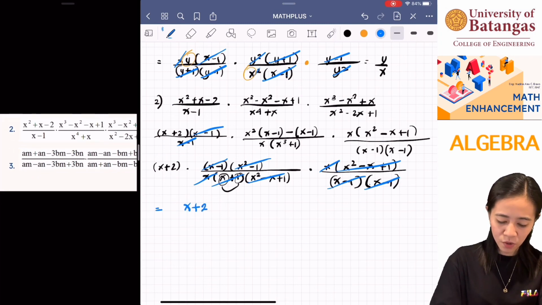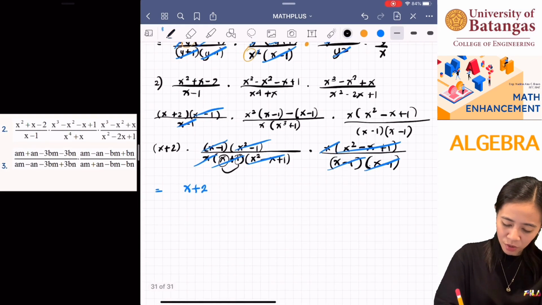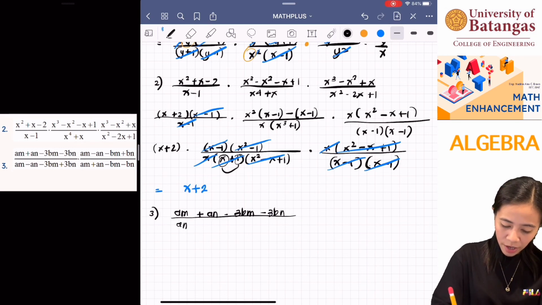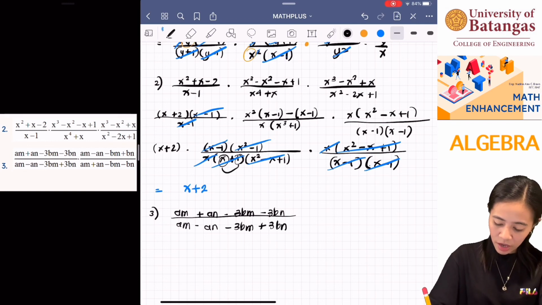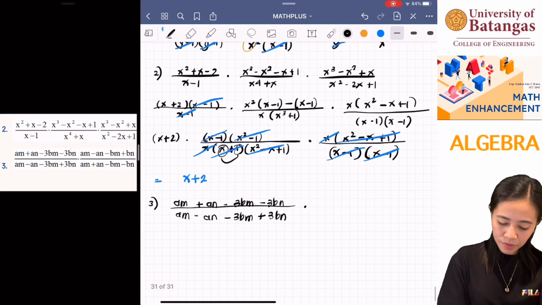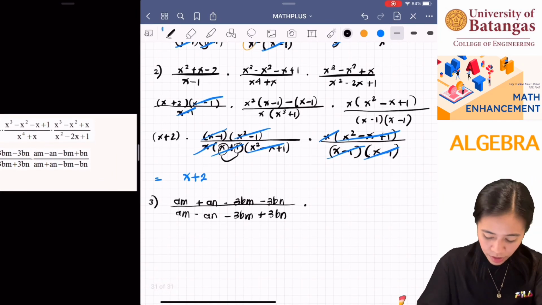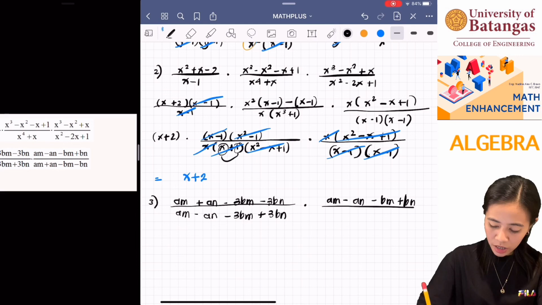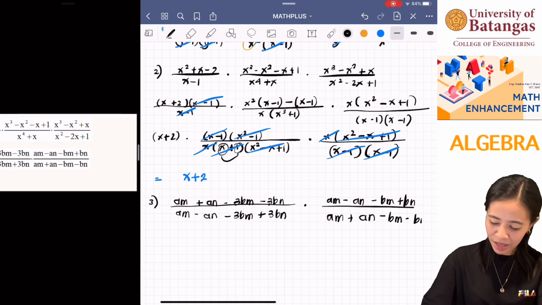Number 3. Wow. Okay. Obviously, factoring by grouping na agad itong itsurang to, no? You have am plus an minus 3bm minus 3bn all over am minus an minus 3bm plus 3bn, times am minus an minus bm plus bn all over am plus an minus bm minus bn.